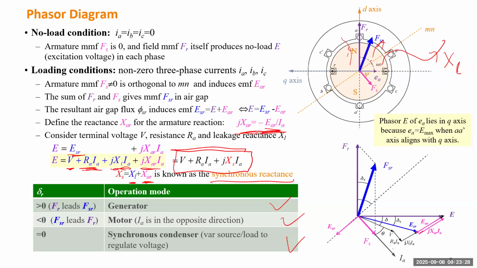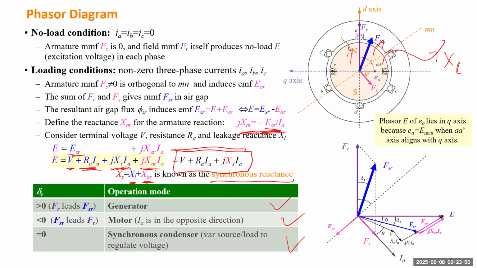And the third one will be motor mode. The motor mode means the stator magneto-motive force will be leading the rotor. So instead of letting the stator generate electricity, you give it electricity. That electricity is stronger than even the field winding. So finally you oppose the direction.